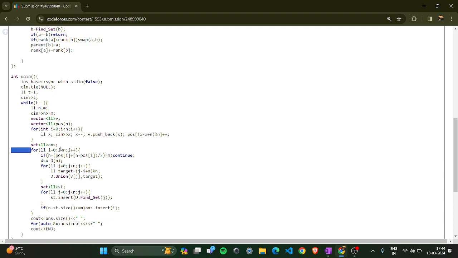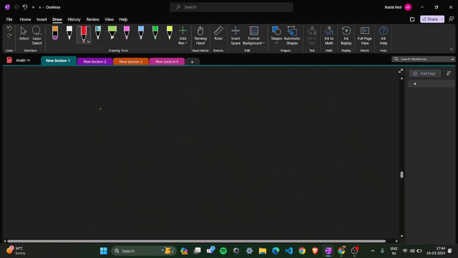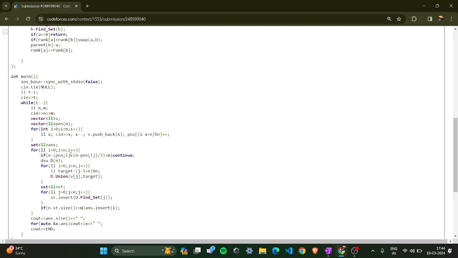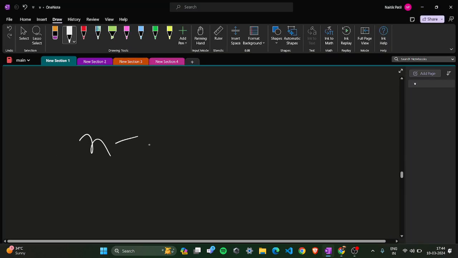So we have a set of answers to store distinct answers, and now this condition is the same as I mentioned before. pos means the total number of elements which are at their desired position after i number of cyclic shifts, so n minus it is just x. Let pos of i equal x. Now we know that operations equal n minus x plus (n minus x) by 2.